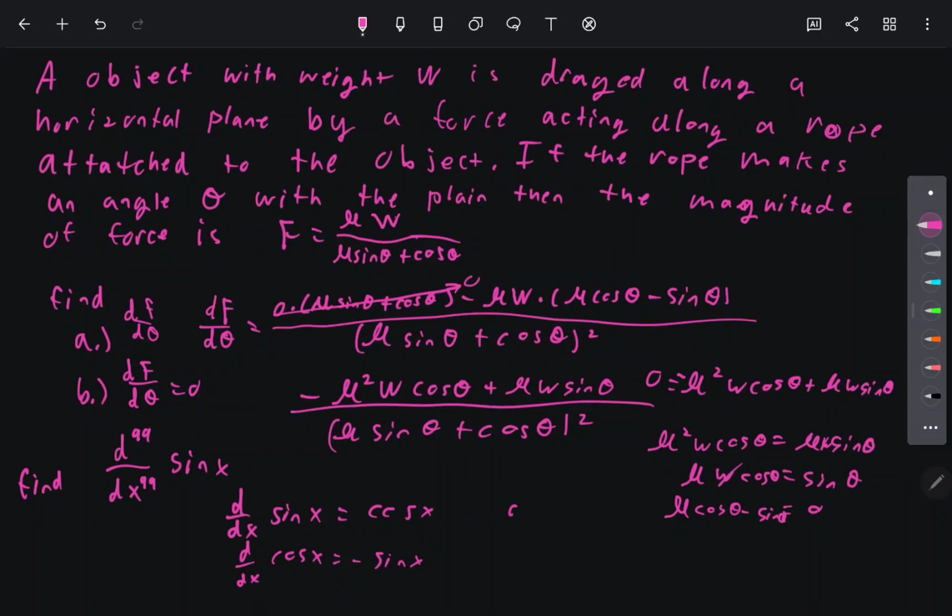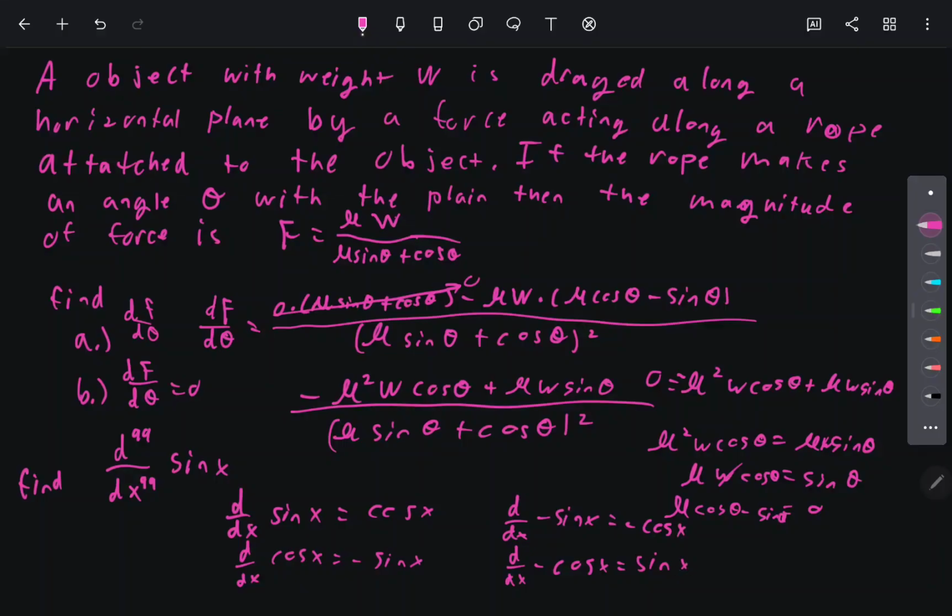The derivative of negative sine, for the third time, is equal to negative cosine of x. And finally, the derivative of negative cosine is equal to sine.